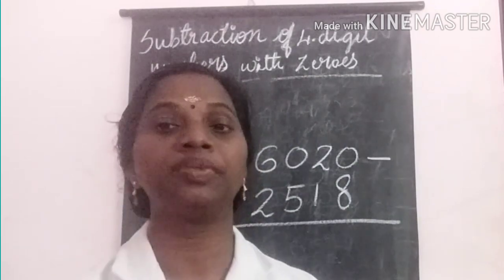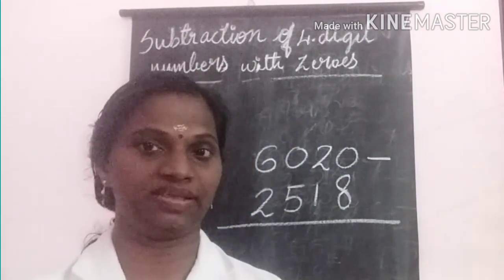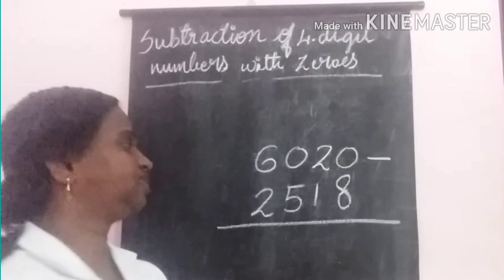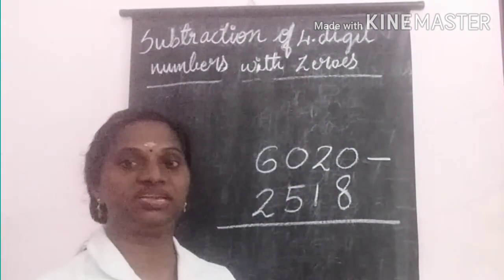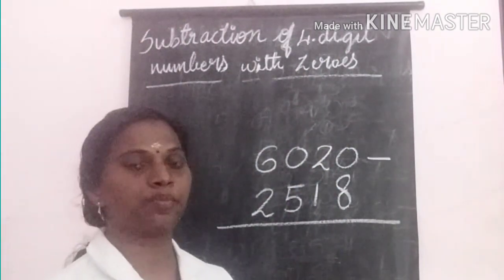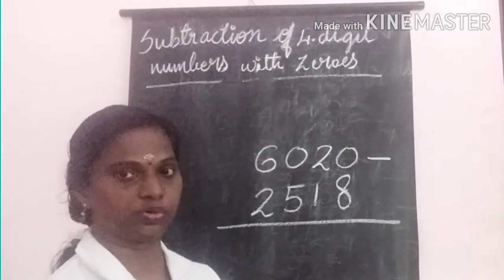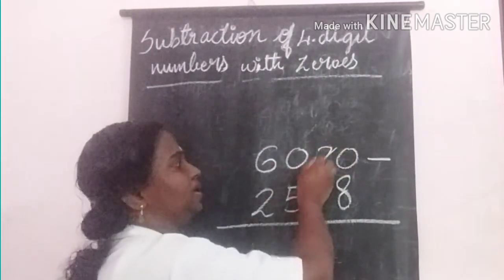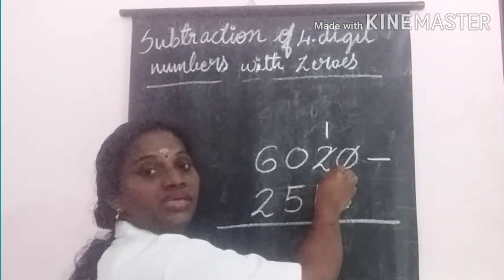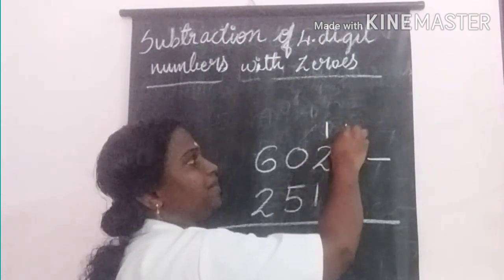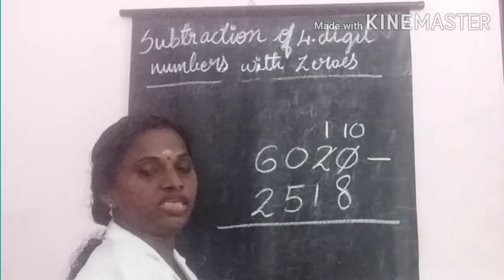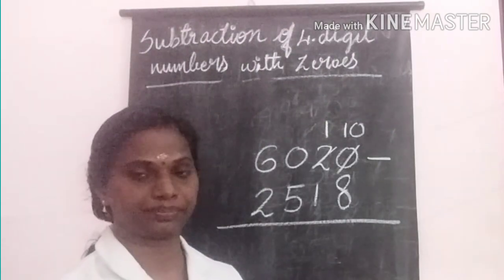Yes, we can borrow 1 from the tens place. Clear? So here the tens place digit is 2. Then you can borrow 1 from 2. Then this 2 will be 1 and the 0 will be 10.